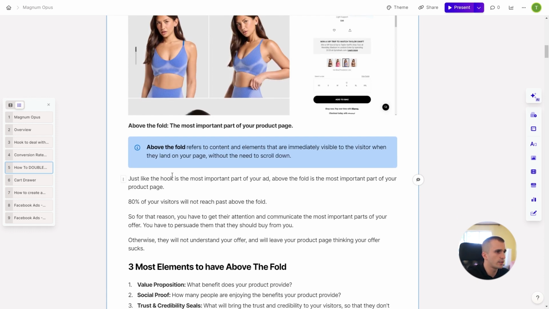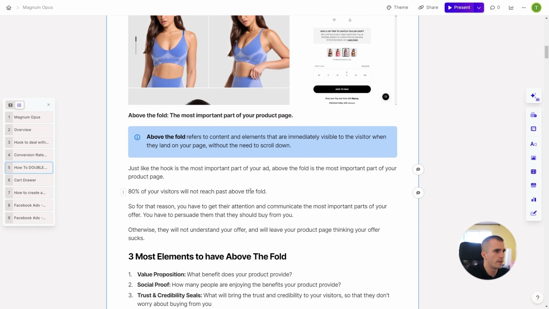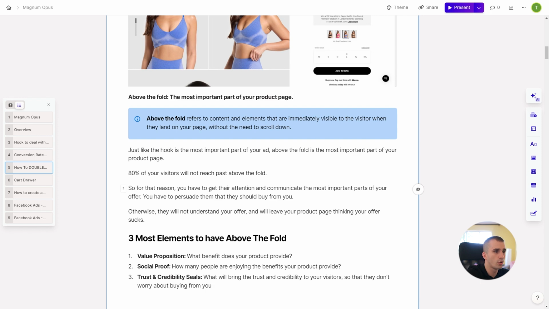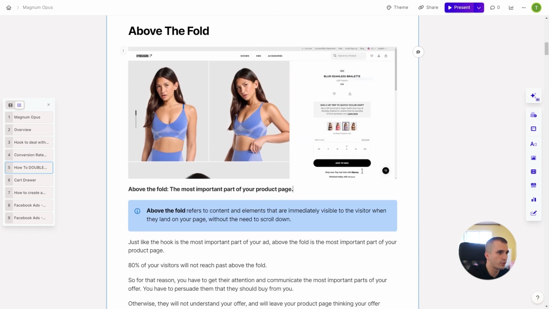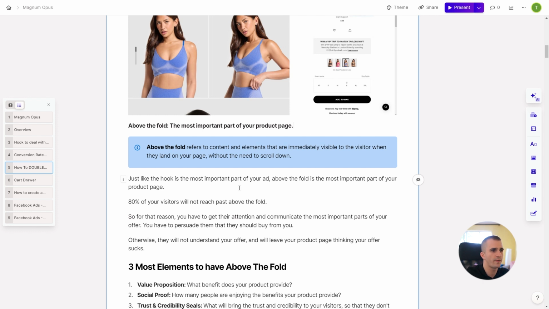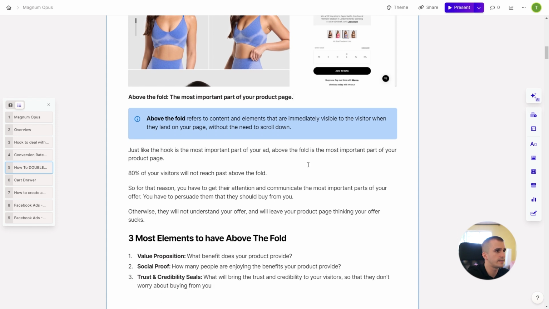Just like the hook is the most important part of your ad, above the fold is the most important part of your product page. And 90% of your visitors will not reach past above the fold, which is basically below the fold. When you install Hotjar on your Shopify store, you will see that 80% of visitors will not go past the above the fold. So this is a very important part of your product page if you want to increase the conversion rate.